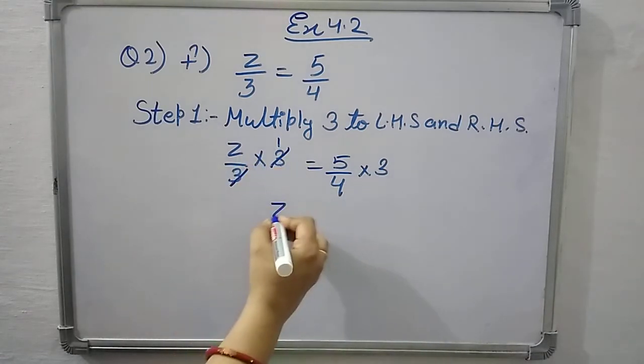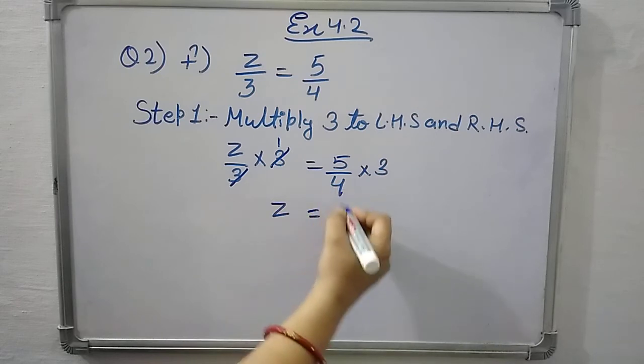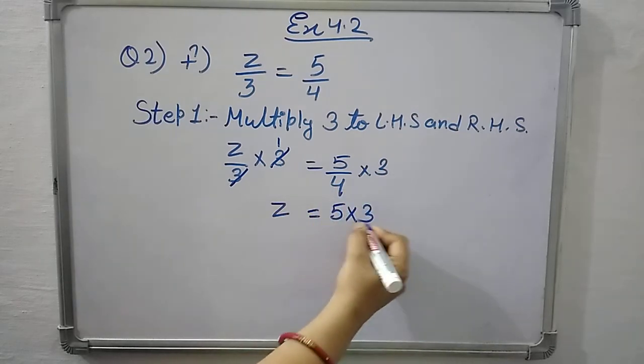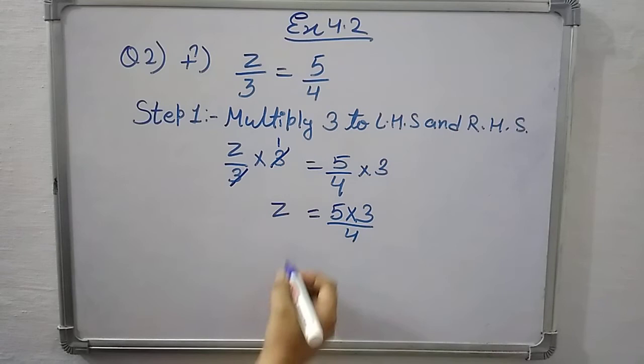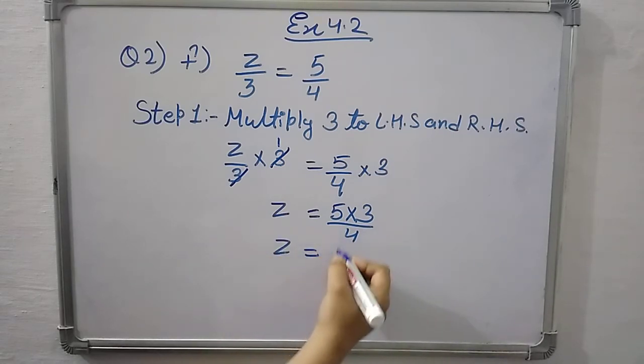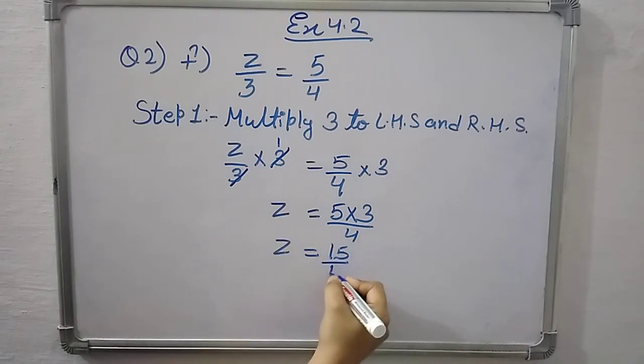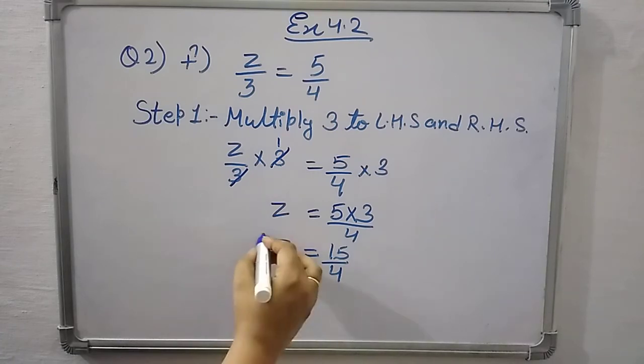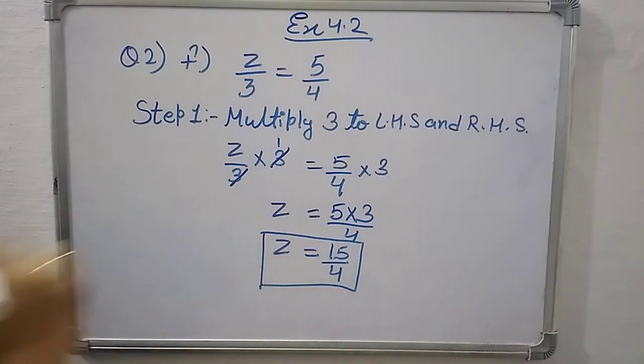So LHS becomes z and RHS becomes 5 multiplied 3 divided by 4, which is 15 upon 4. So value of z is 15 upon 4, or z equal to 15 upon 4 is solution of equation z upon 3 equal to 5 upon 4.